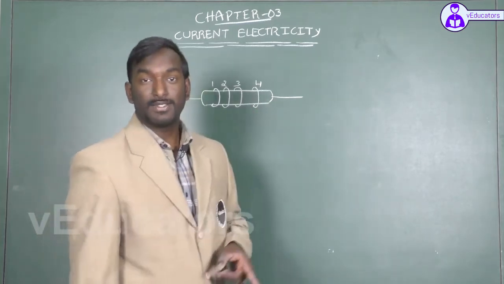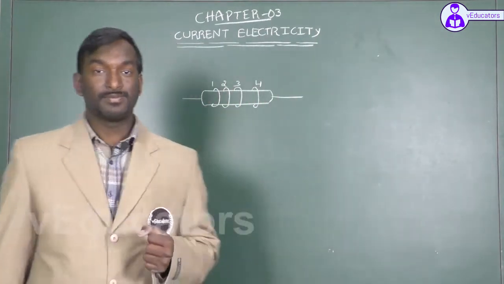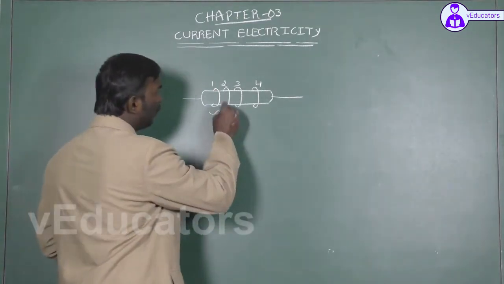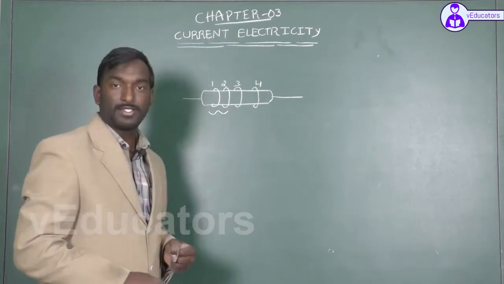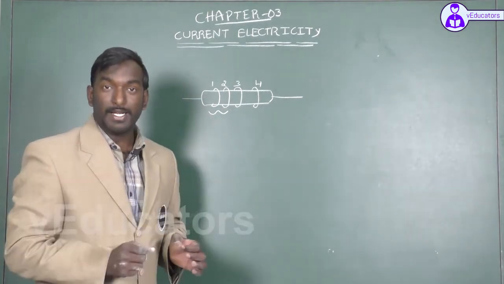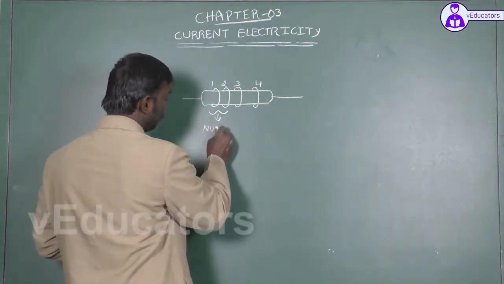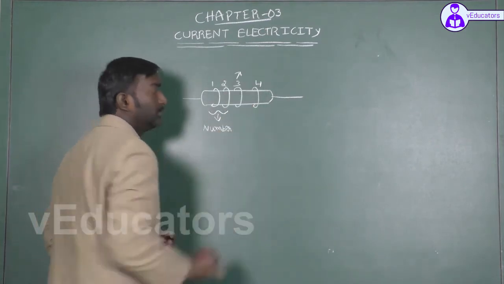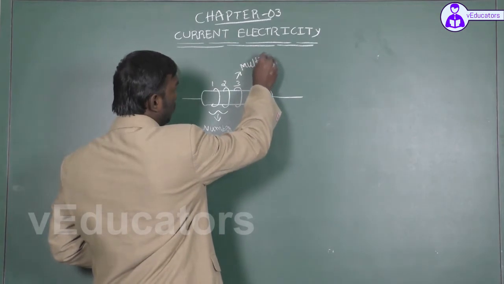For this, you should remember the color coding. What is that color coding? The first 2 bands, band 1 and band 2, represent numbers. The third band gives the multiplier.